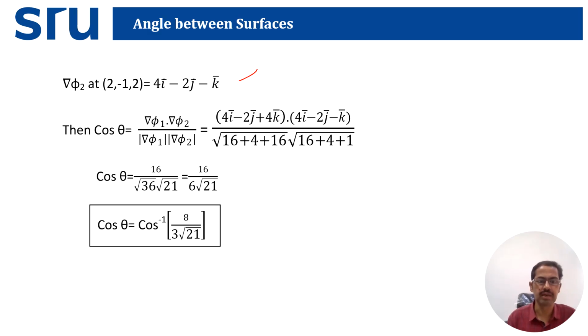Now let's write the formula. Cos theta is equal to del phi 1 dot del phi 2 by modulus of del phi 1 and modulus of del phi 2. Right?